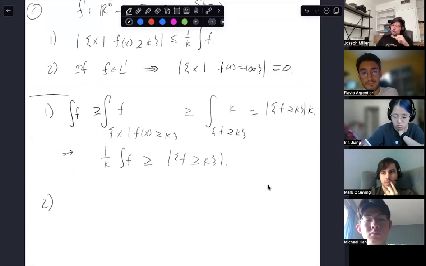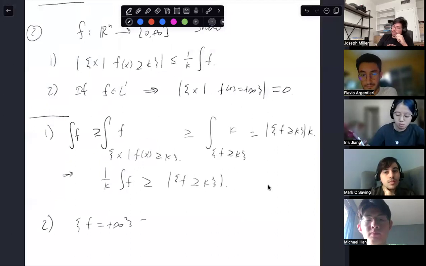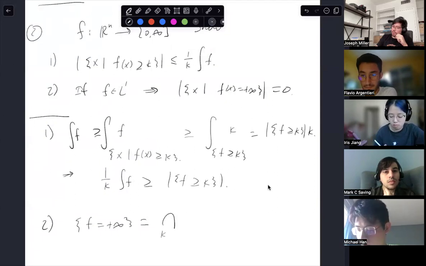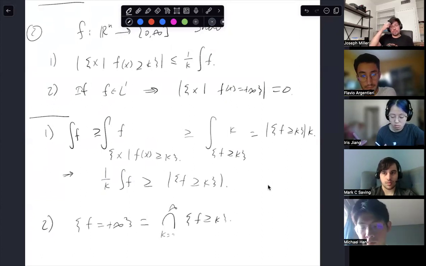What's happening for 2 is that the set where f equals positive infinity is equal to the intersection of the sets where f is greater than or equal to k. The set where I'm infinity is the set where I'm above every natural number.